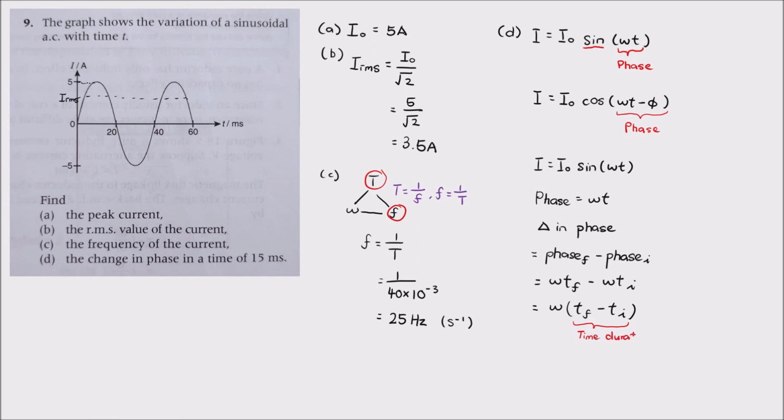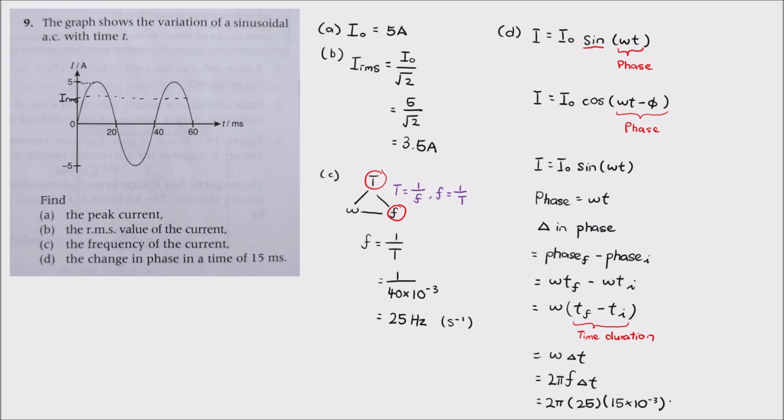Okay, so from here, you can just relate it back to omega, then the time duration. And from here, you can do a substitution. Omega is just 2 pi f, then time duration. 2 pi, our frequency is 25 hertz, our duration is 15 milliseconds.